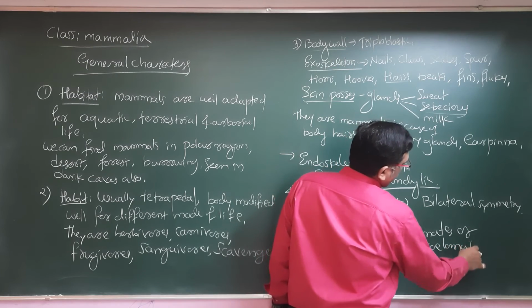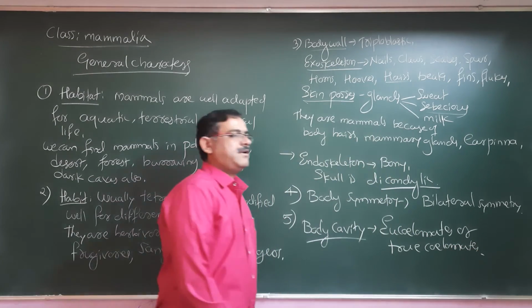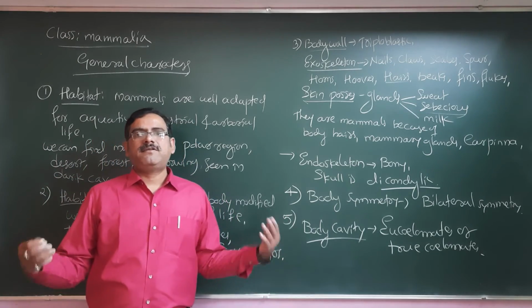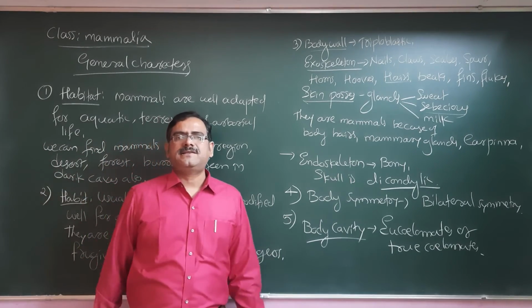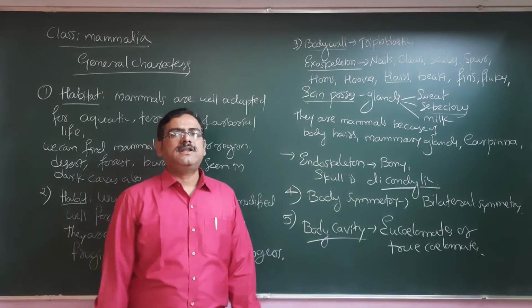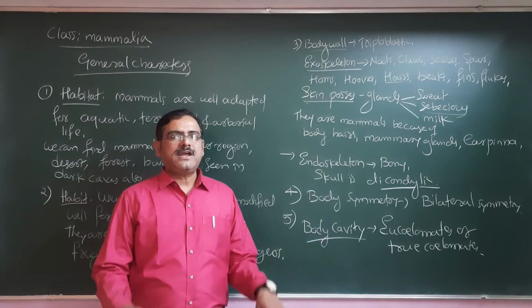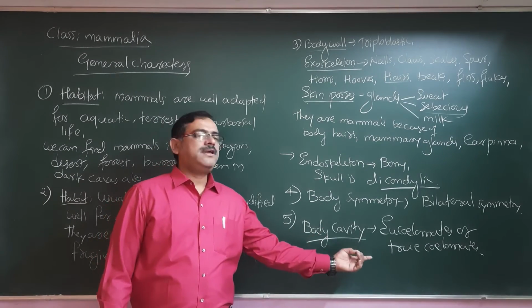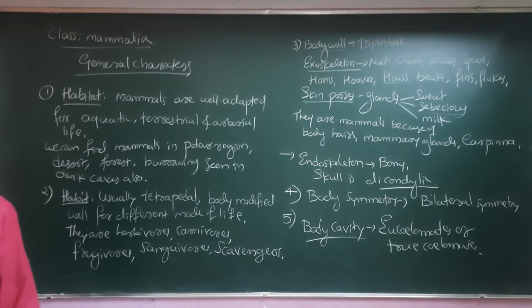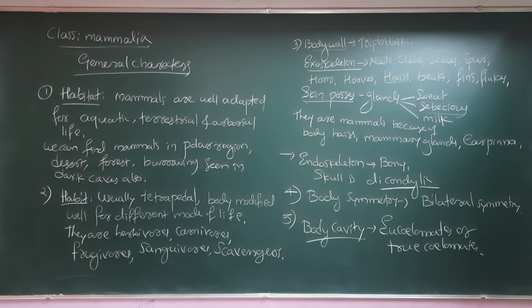So they have a body cavity, and that cavity is found around the gut. Around the gut we find the liver, the kidney, the pancreas. Various kinds of structures are located around the gut, in the body cavity. That body cavity is called eucoelom or the true coelom. So this is about what we have discussed so far.